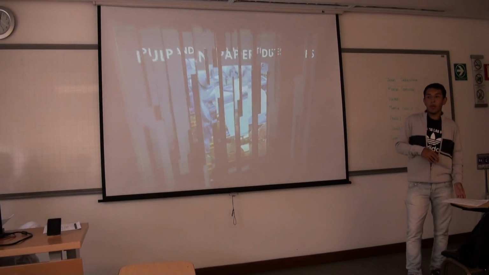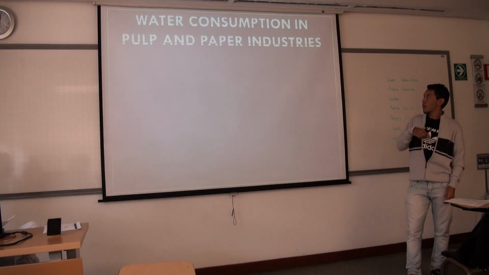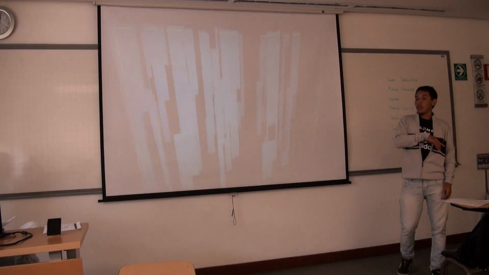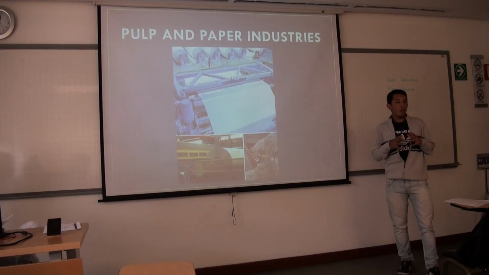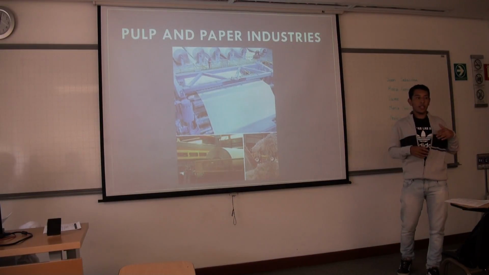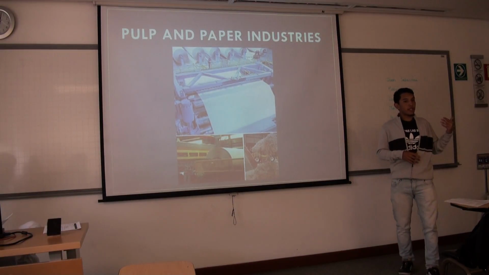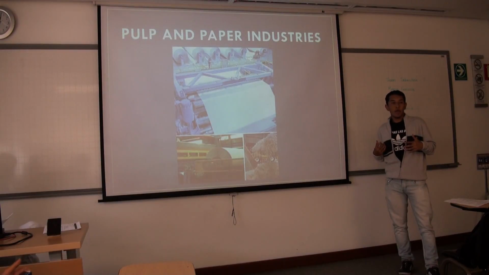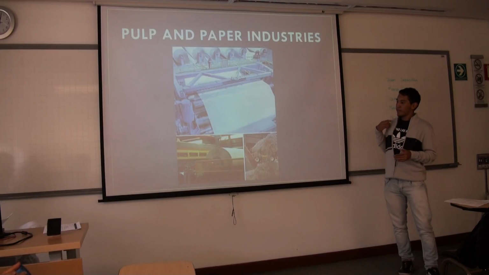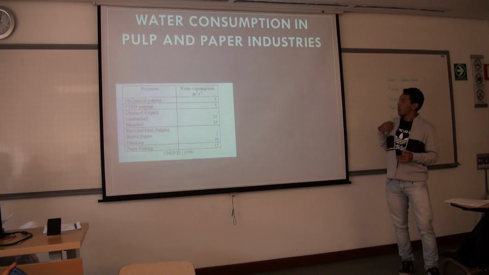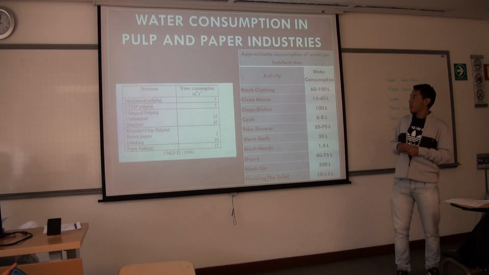Well, what is the pulp and paper industry? It's defined as the group of companies, of industries that take the wood and process it in order to produce paper. So they have a lot of processes that we can see in this slide.